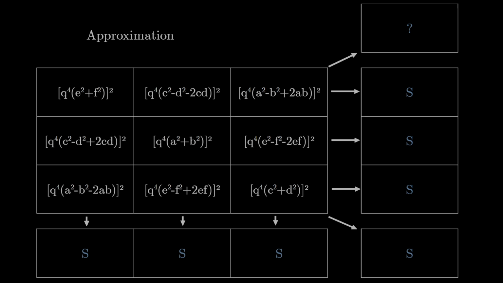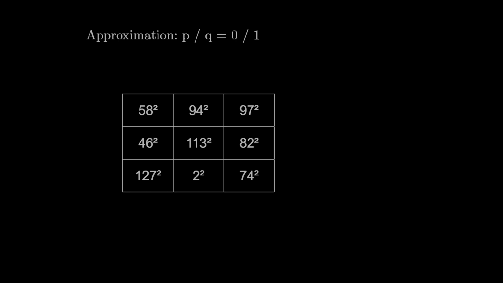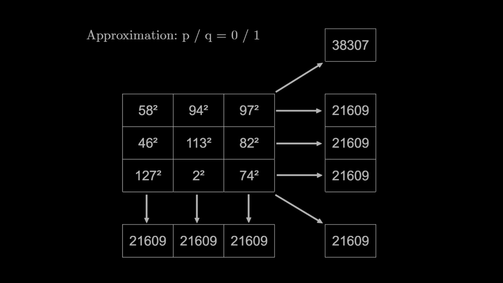But let's see what we get for the other diagonal. For example, if we take the simplest approximation, that is p over q equals 0 over 1, guess what? We find this square exactly the same as I showed in the beginning, which of course doesn't work.